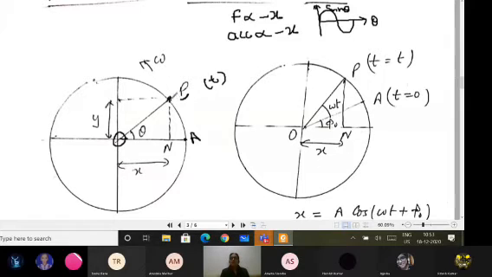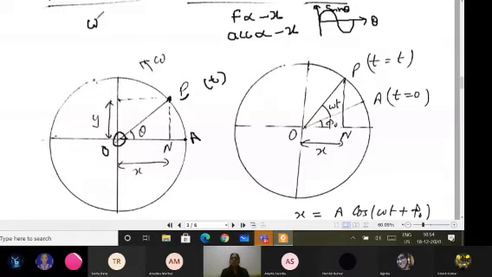Now if I take the particle here at time t and draw the projection on the x-axis, this is ON, here at the center if I call it O, then how can I write this x in terms of cos theta? Theta is what?